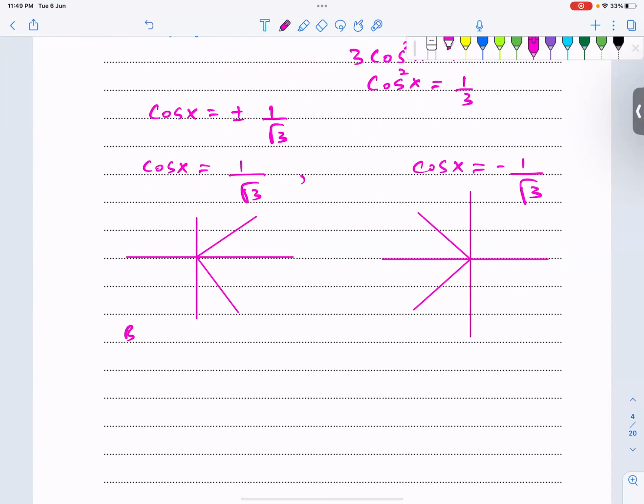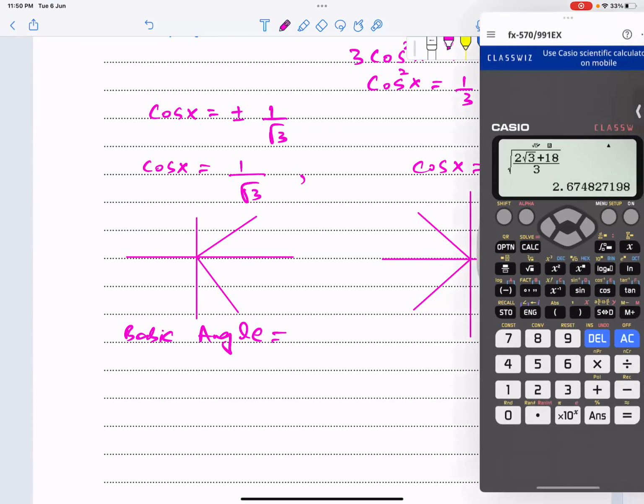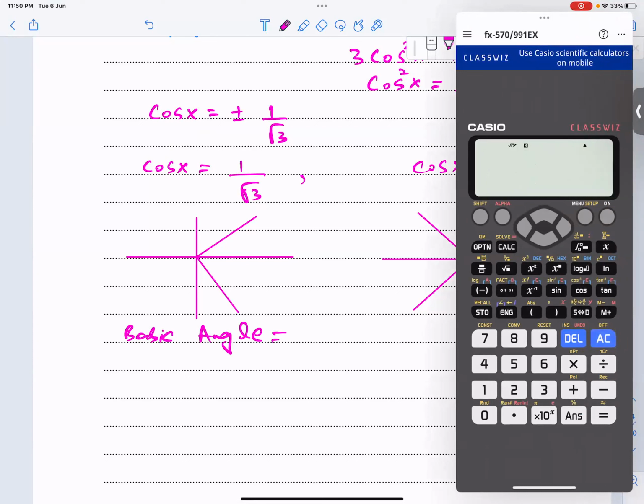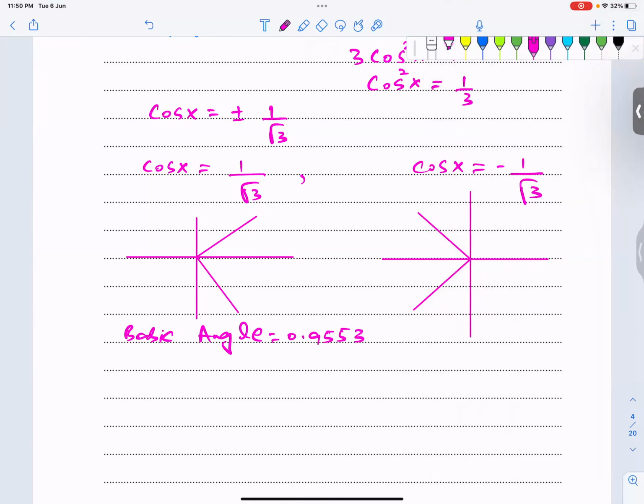In both the cases, the basic angle is shift cos inverse 1 over square root 3. The basic angle is 0.9553, in both the cases.